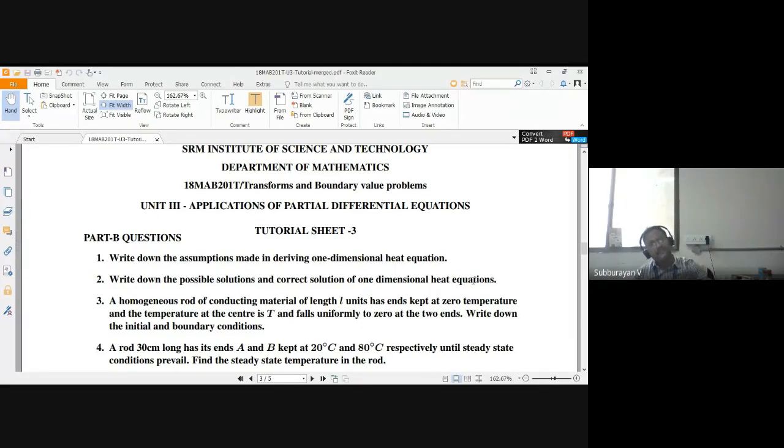See, among them, the second solution, a cos lambda x plus b sin lambda x into e to the power minus alpha square lambda square t, is the correct solution. The reason is, in a steady state solution, if time t tends to infinity, then it should reach the steady state.